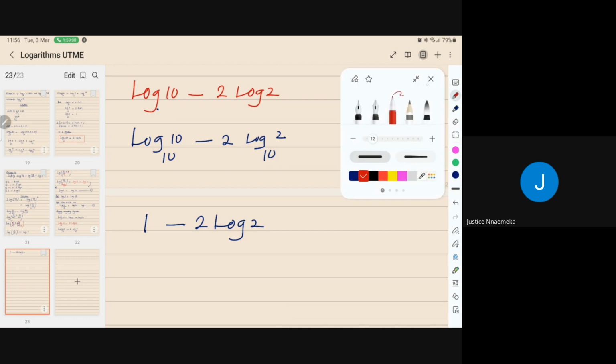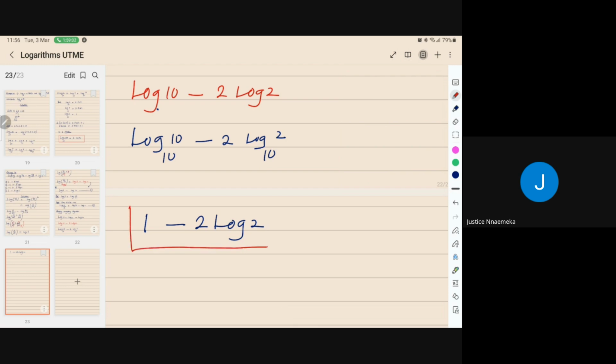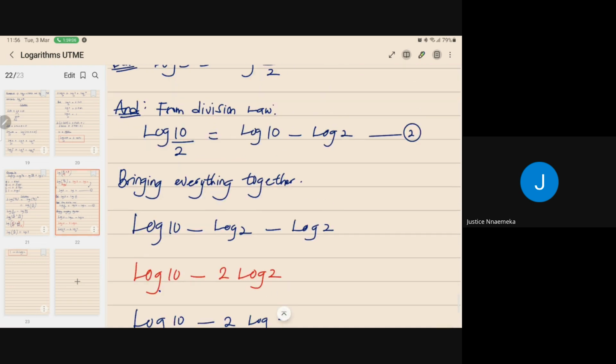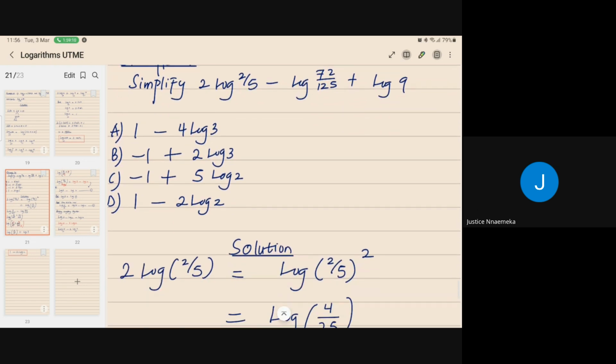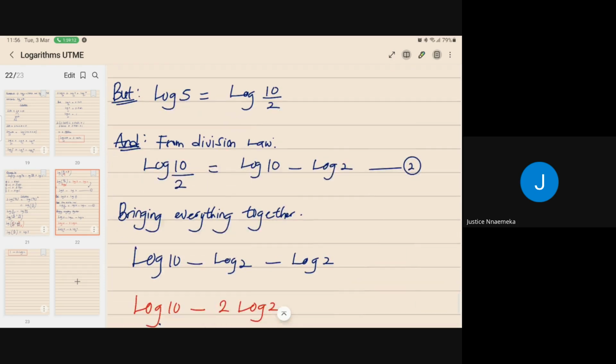So that gives us the final answer, which is 1 minus 2 log 2. And checking the options, you will see that this tallies with our answer, 1 minus 2 log 2. So the answer is D.